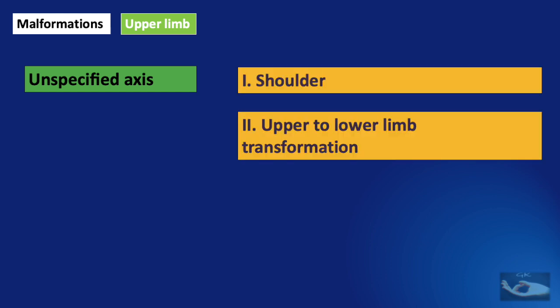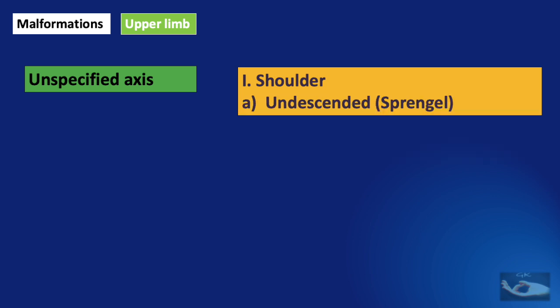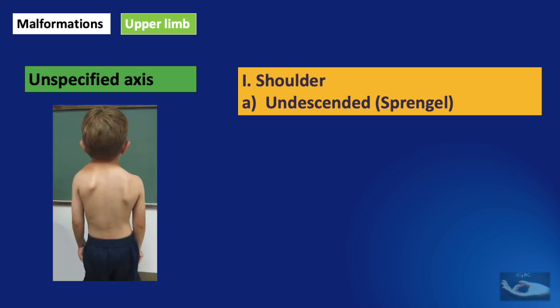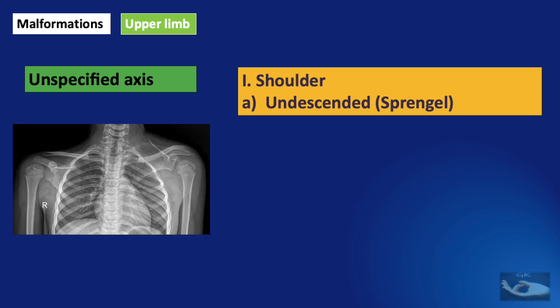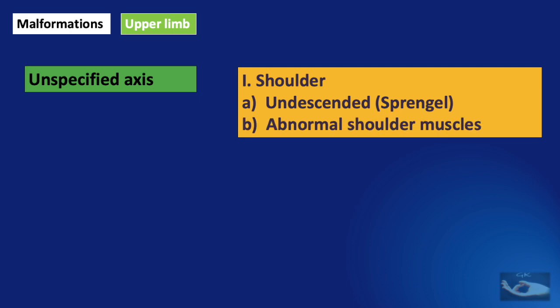This could involve either the shoulder or an upper to lower limb transformation. At the level of the shoulder, there could be an undescended shoulder known as the Sprengel shoulder, which is characterized by a small and undescended scapula, often associated with scapular winging and scapular hypoplasia, or alternately presence of abnormal shoulder muscles.